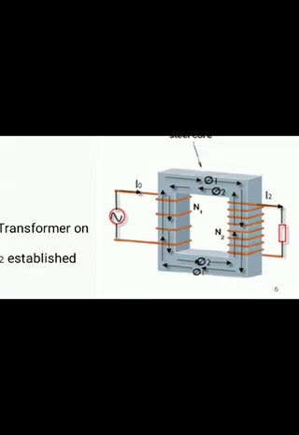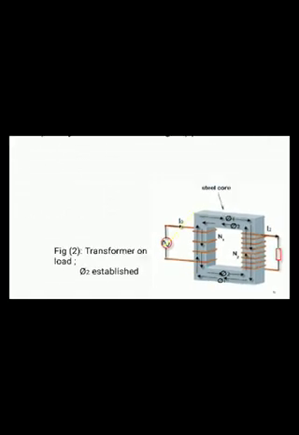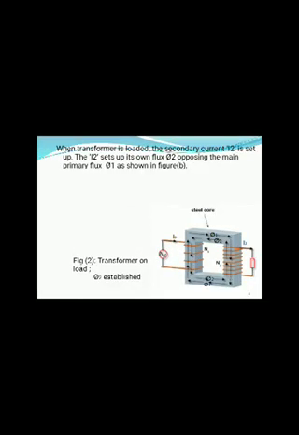In this diagram, φ1 and φ2 are in opposite directions. Figure 2: transformer on load, φ2 is established.